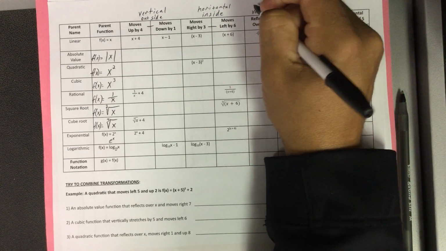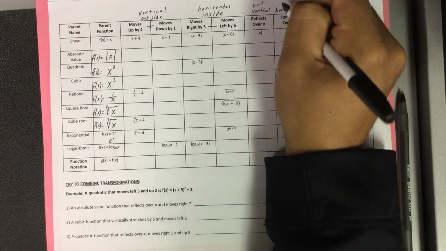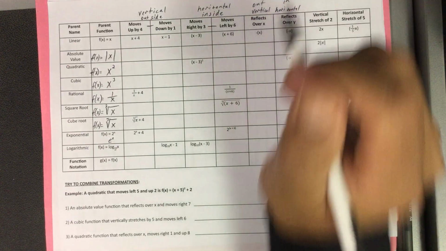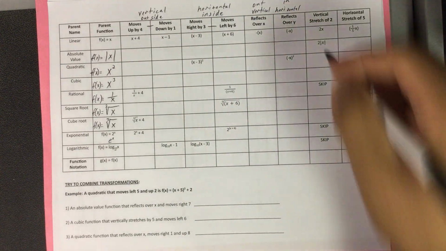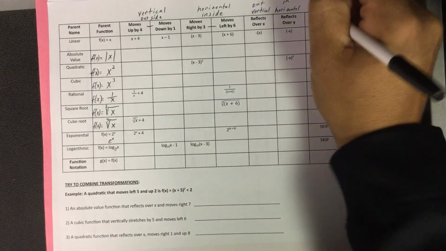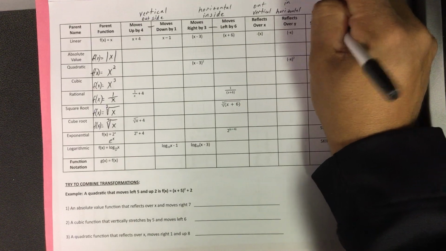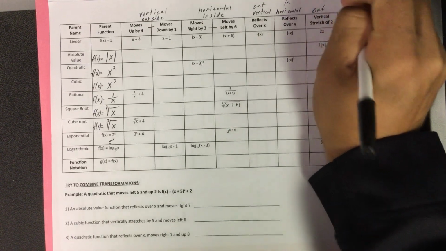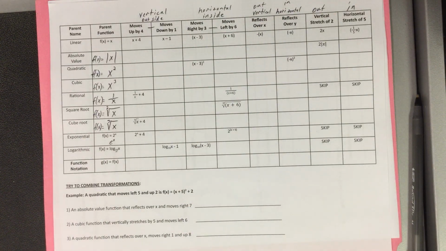Okay, again, vertical is outside, horizontal is inside. And this one just tells you, right? So this is outside, this is inside. And we're talking about inside the parentheses or outside of the parentheses.